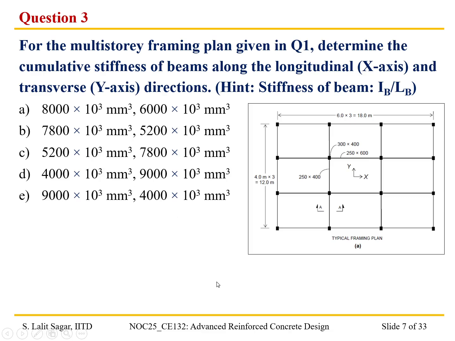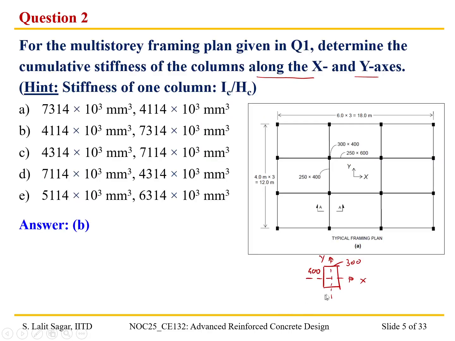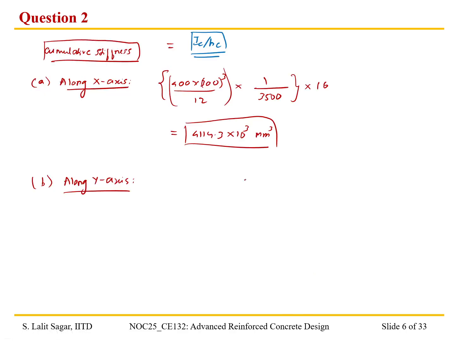So along the y-axis, 300 millimeter would be the width and 400 millimeter would be the depth. Calculate accordingly, right? That is 300 by 400 cube divided by 12. So for the value of HC, we are considering the floor to floor height.